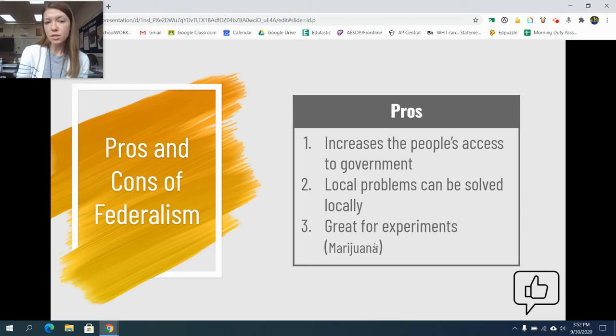They're kind of stepping back and seeing what problems arise, what works about those particular laws, and how everything plays out, to eventually, maybe someday, make it a federal law.